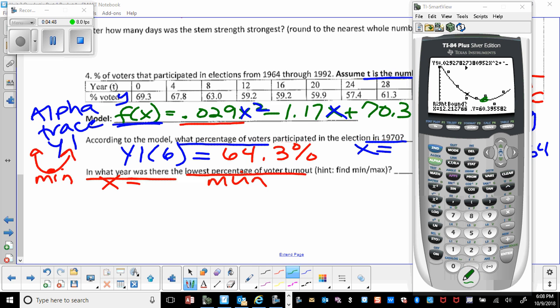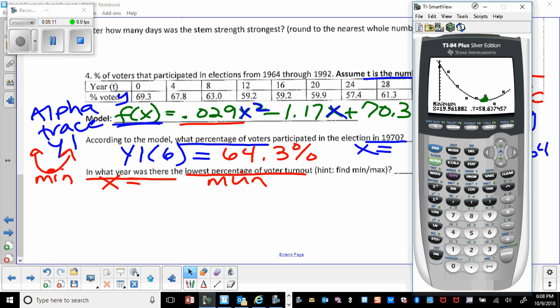Here is my minimum down here. So I need to be one to the left, and then I'm going to go to the right of it. I'm going to take that spider thing over to the right. And now I'm to the right of it, so I'll hit enter. And then I'll hit enter for the guess.